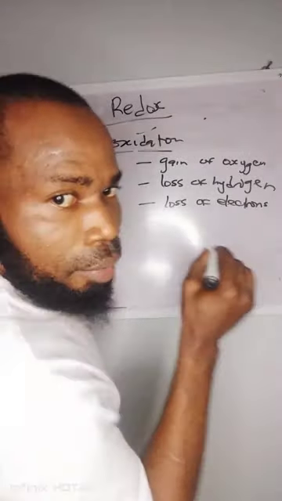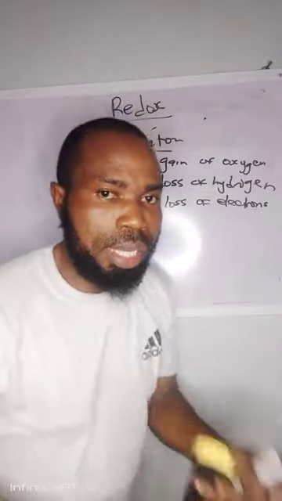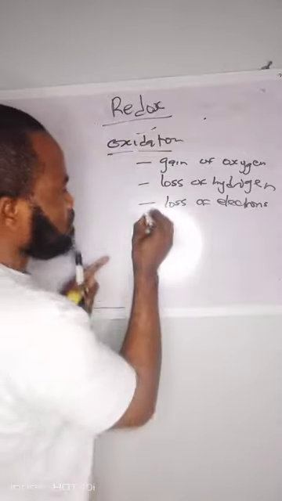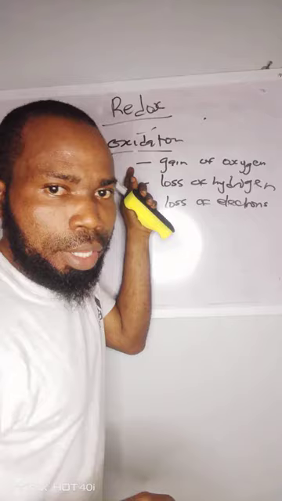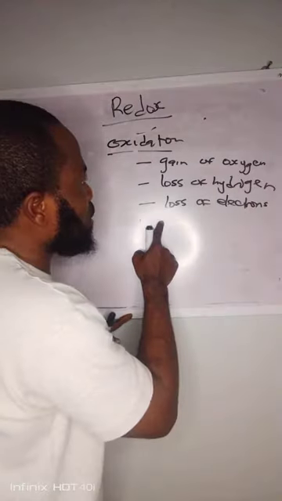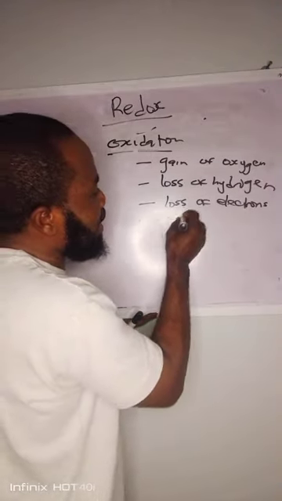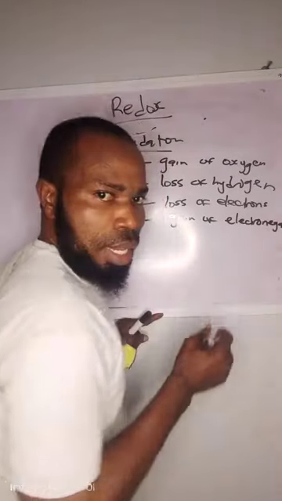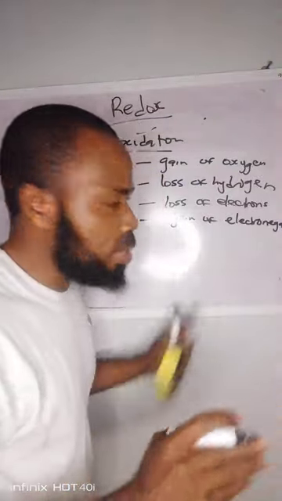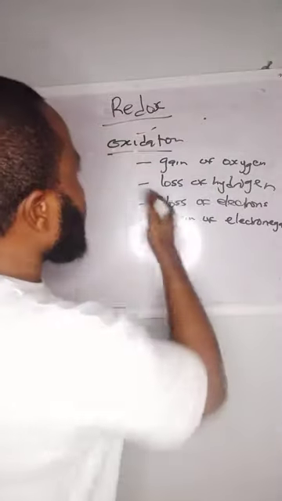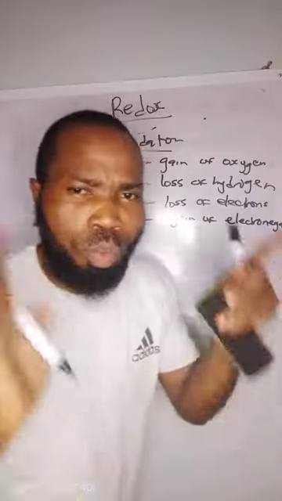So any chemical reaction that involves the loss of electrons, we say that is what? Oxidation. Now, very quickly, oxidation is also the gain of what? Of electronegative elements. The gain of electronegative elements is oxidation. So this is a quick summary of what oxidation is.